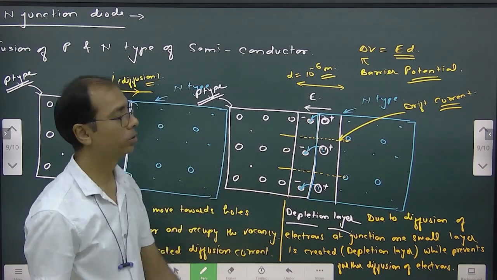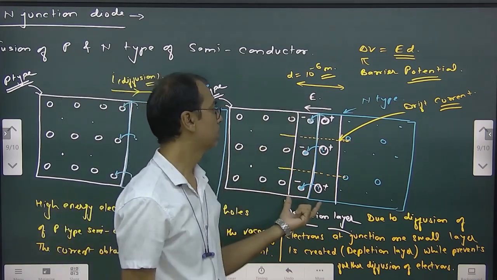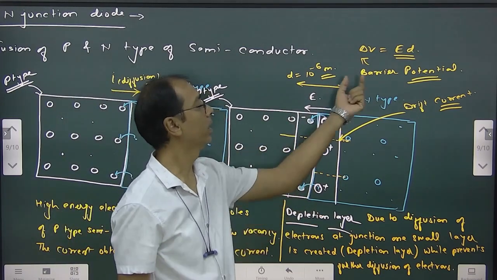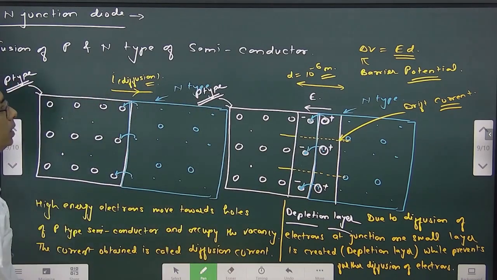Okay, note that one also. 10 to the power minus 6 meter approximately is the width of this one, and the potential difference is delta V equal to ED. Done.